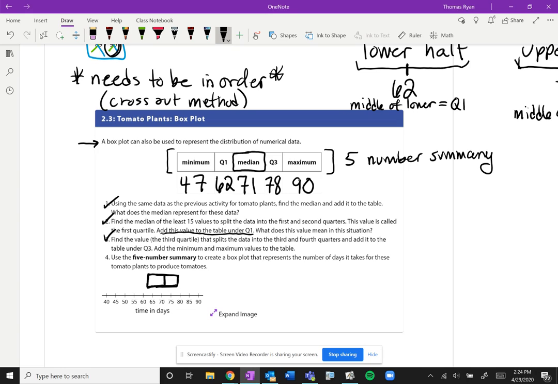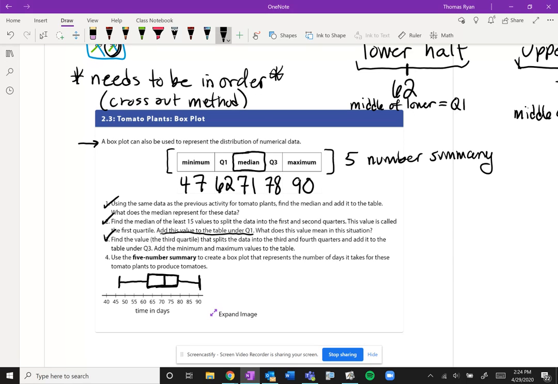And from the box, now we extend out a wing on each side. Our minimum is down at 47, so we extend out a wing until we hit 47, and we draw a vertical line. And we extend out a wing until we hit 90, and we draw a vertical line.